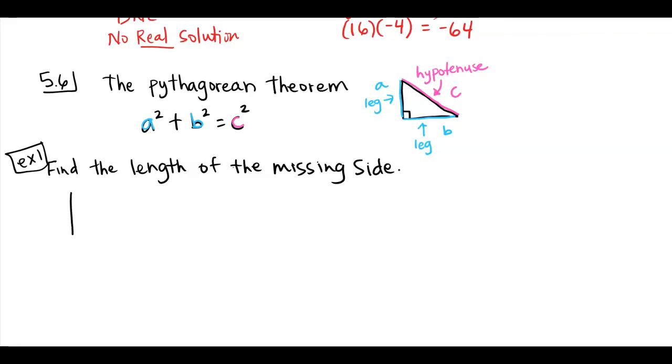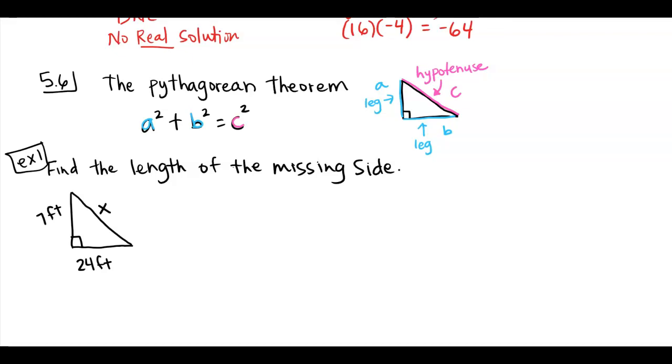There might be some where they give you pictures of what's going on. So I give you a little right triangle here, and this one's 7 feet, and this one's 24 feet. And you're trying to find the length of the hypotenuse on this one.